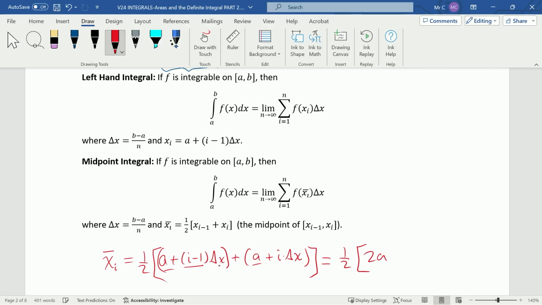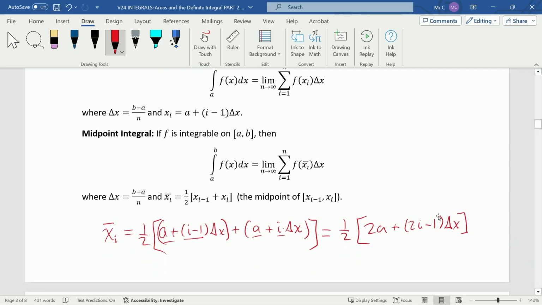And we've got (i minus 1) delta x plus i delta x, that's (2i minus 1) delta x. And if I distribute the 1/2, that's a plus (2i minus 1) over 2 times delta x. So you could always use that to compute your midpoints for your midpoint integral formulas, should you need it.